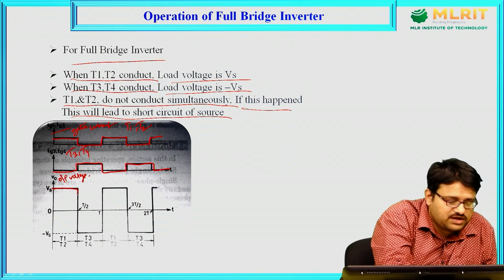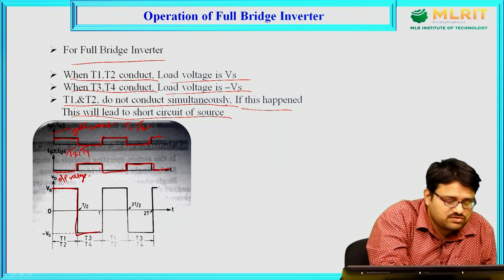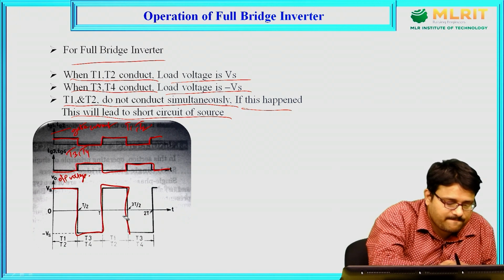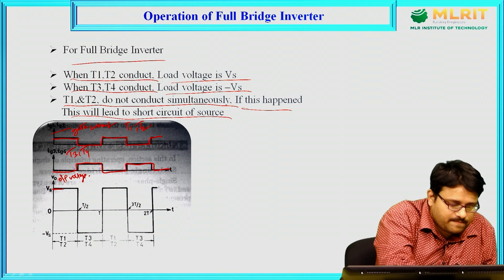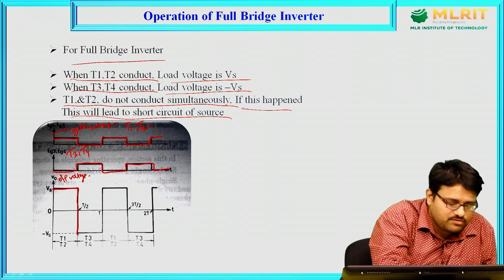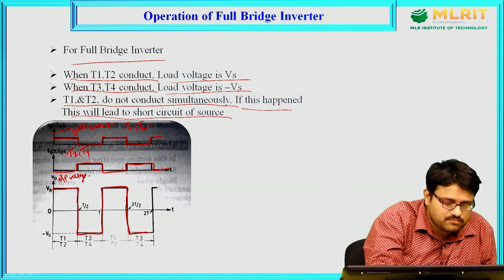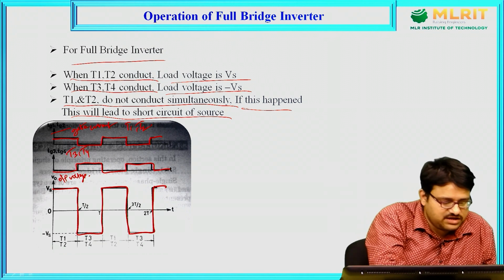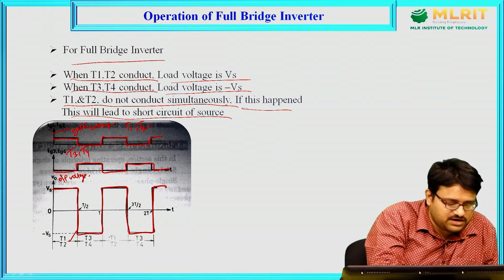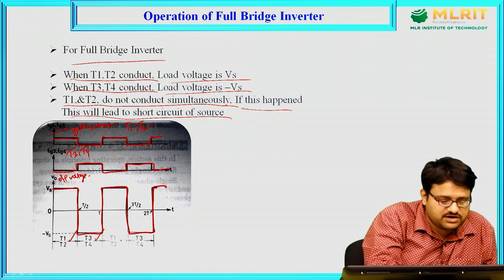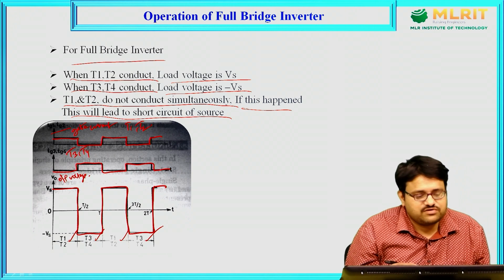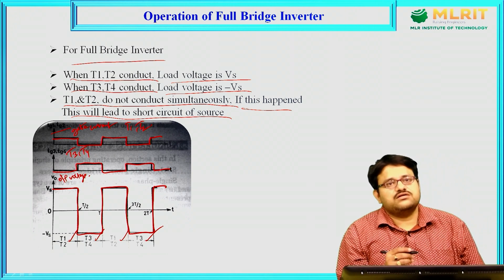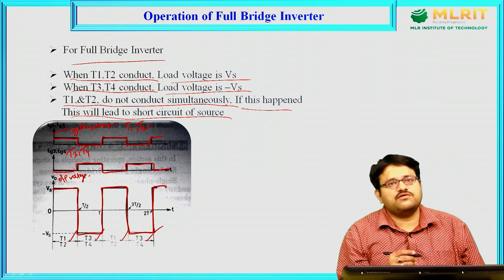It looks like this, then it comes like this. So this is the output waveform. Here T1, T2 conduct, then again T3, T4 conduct, T1, T2, T3, T4. So this is the output voltage waveform of a full bridge inverter.